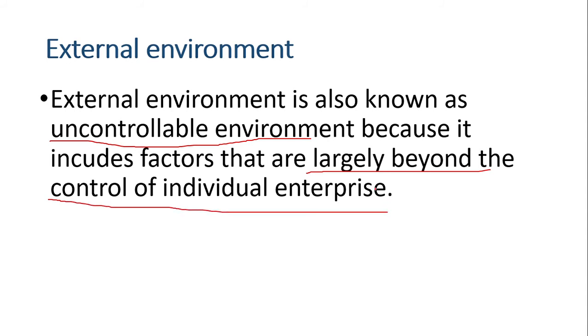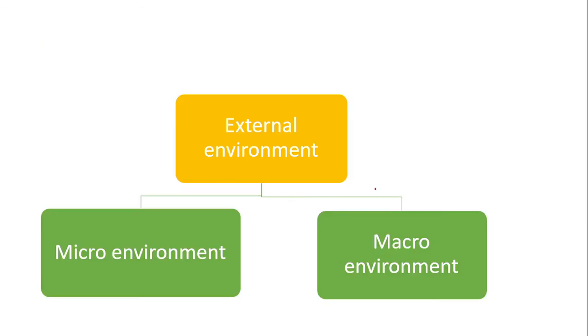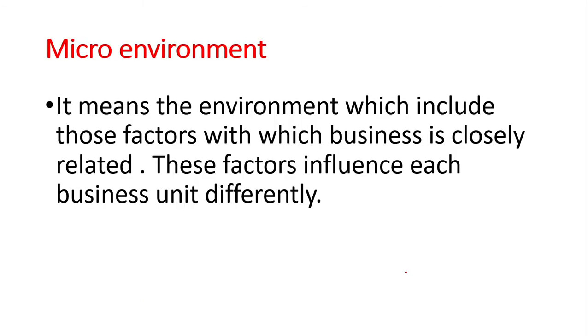Now let's discuss the two categories of external environment, which are microenvironment and macroenvironment. So what is microenvironment? It means the environment which includes those factors with which business is closely related.